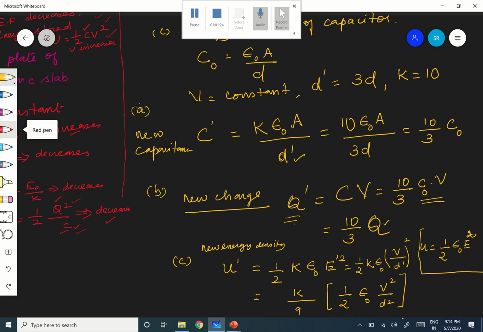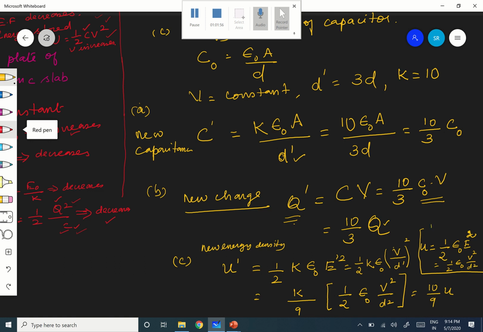E is equal to V by D. Here V is the same, but the distance is new, D dash. Therefore the K value is 10, I think, right? Therefore it is 10 by 9. U dash is nothing but 10 by 9 U. Why? Because it is half epsilon naught V squared by D squared.